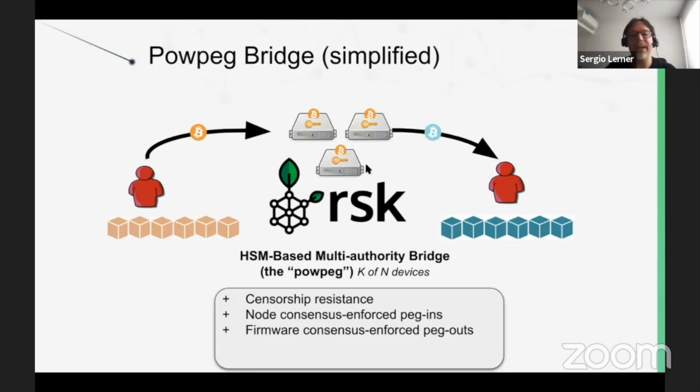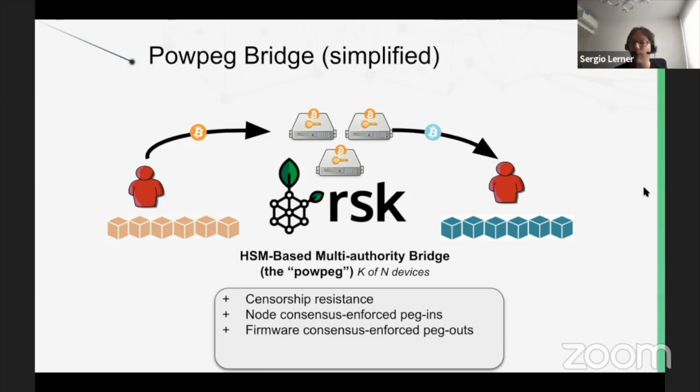Basically, when you do a peg-in, you send your Bitcoins to a multisig that is controlled by HSM devices. And this federation of HSM devices, each one of these devices holds a private key. And this device will never, ever allow you to either see or force the use of one of these private keys, right? Each one of these devices is following RSK consensus, so it's actually validating the hash rate of the RSK blockchain, right?